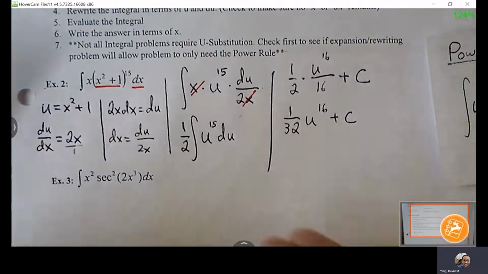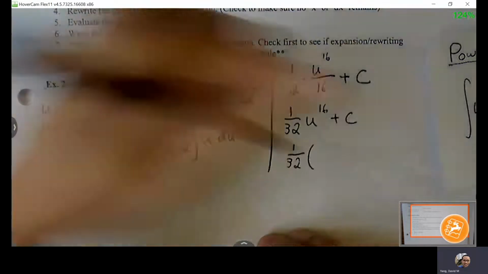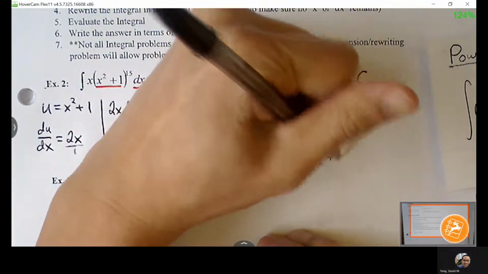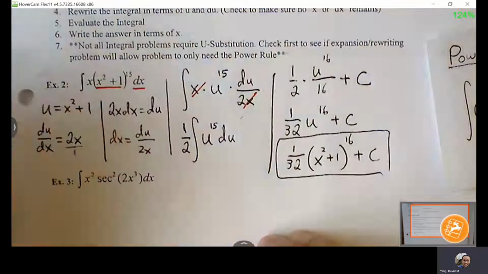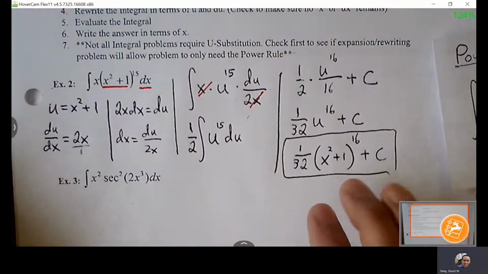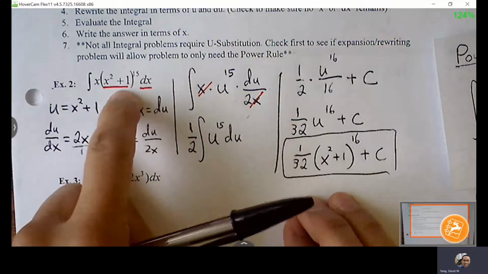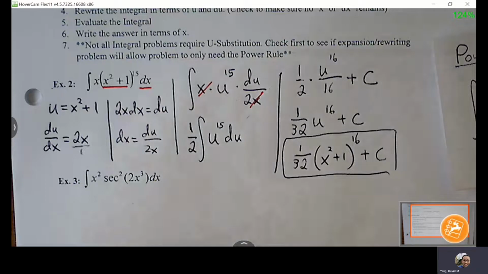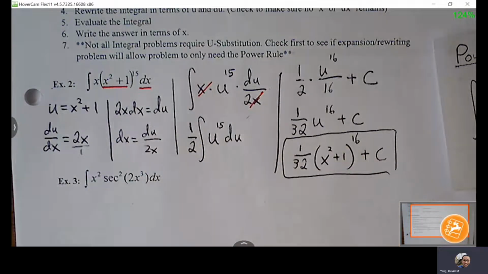We have our answer, but we just want to bring back our permanent variable. So this process is a lot more efficient than having to expand this x squared plus 1 to the 15th, FOIL everything out, combine like terms, do power rule for each term, and then factor it back to look like this, right? Much more efficient way.